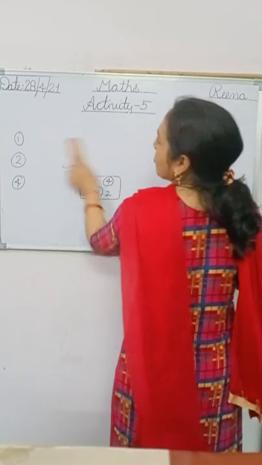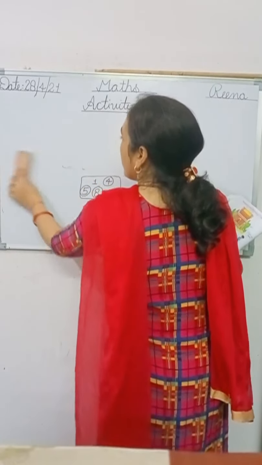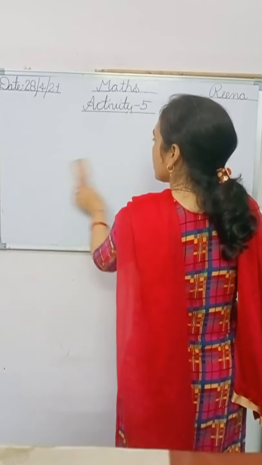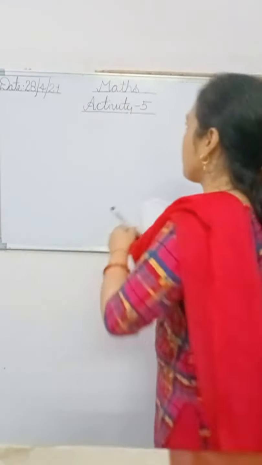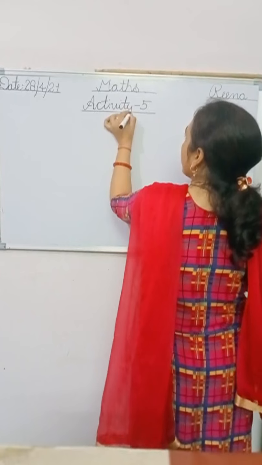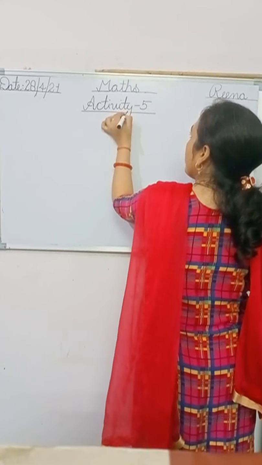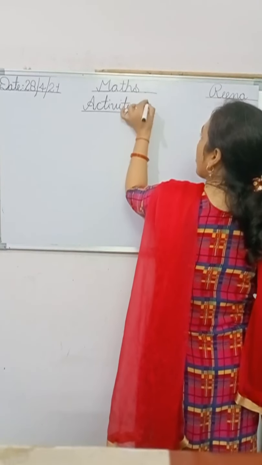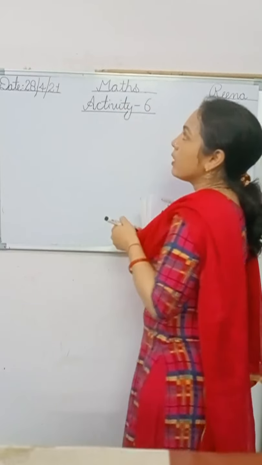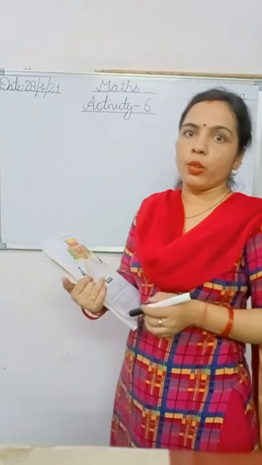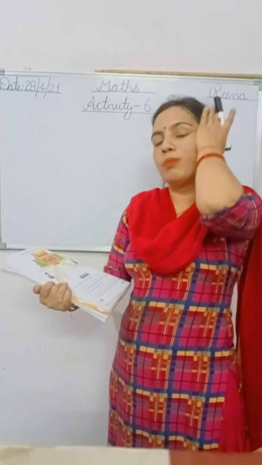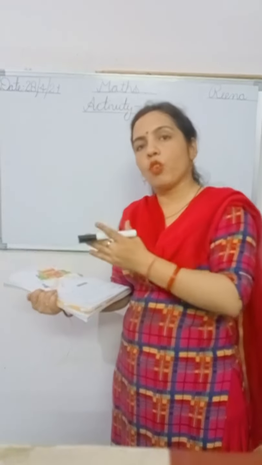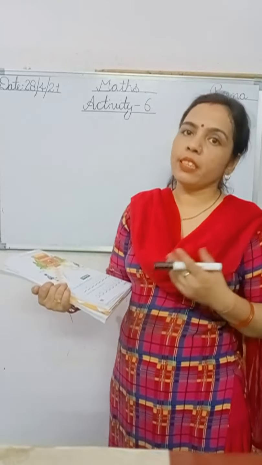Tell me. Ascending means when we arrange our numbers from smallest to greatest, then we say ascending order. And when we write our numbers from greatest to smallest, then we say descending order.